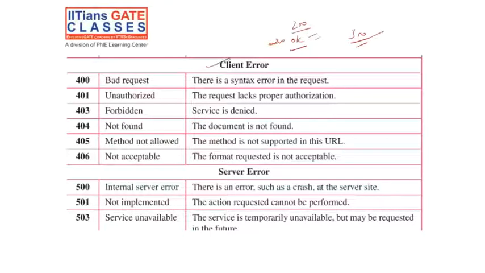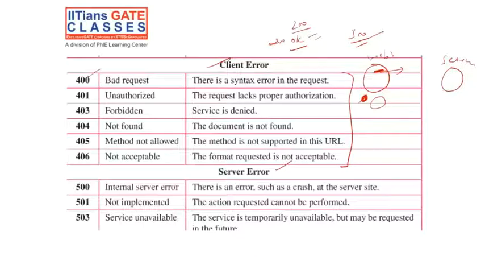Similarly, client error and server error. Here the web browser is there, here the server is there. When you're requesting some page, due to some error at this place, these types of errors are possible. Let's say the internet is not there, or whatever you're requesting in the URL has wrong syntax. So that is a bad request.